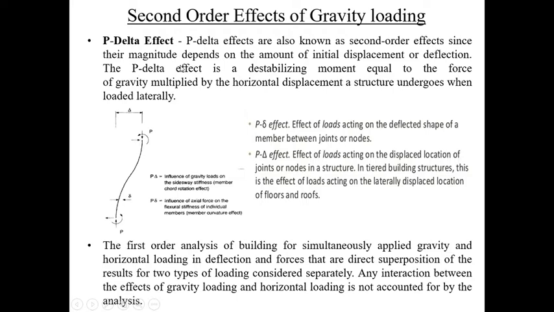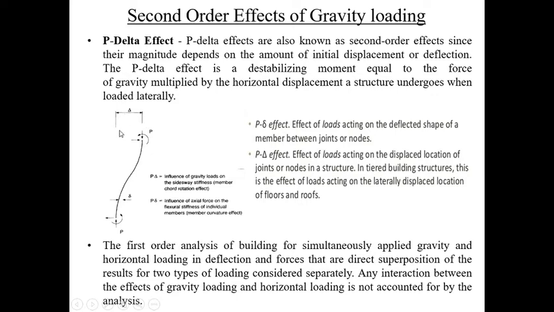The magnitude of this P delta depends upon the amount of initial displacement. Whatever initial displacement is taking place, we say that is when the first order effects are there. Suppose on the structure you have the horizontal loading as well as the gravity loading.